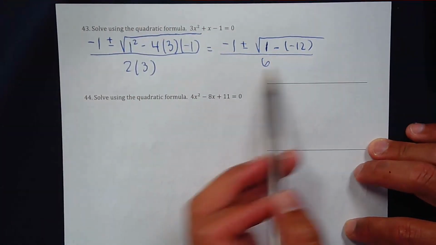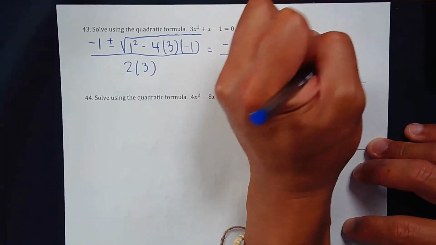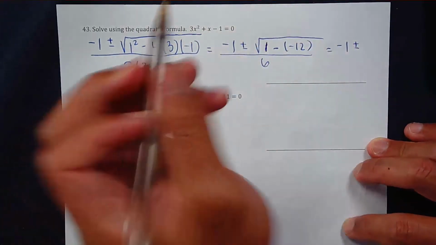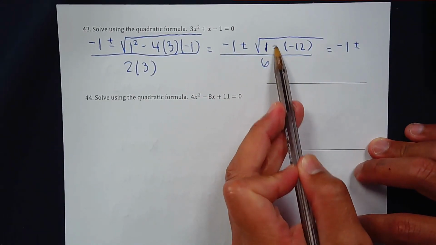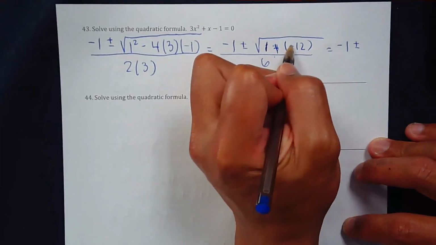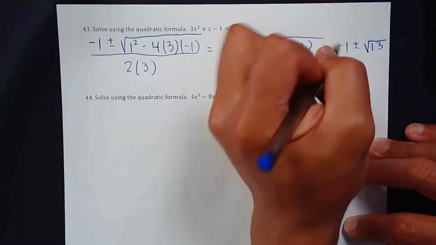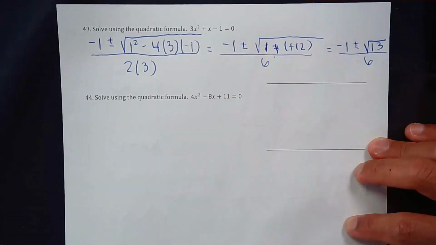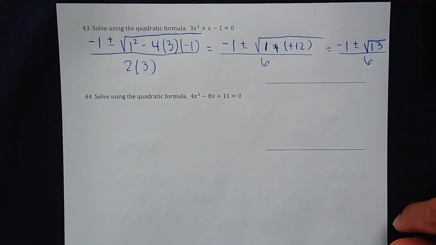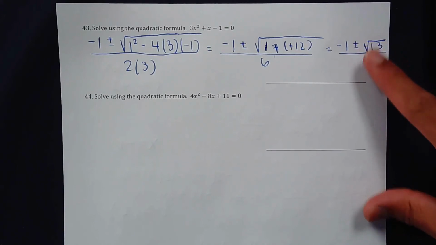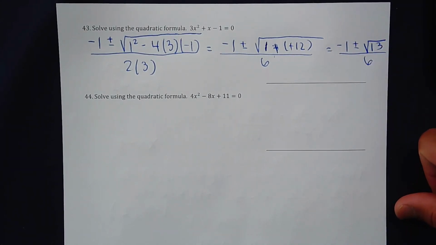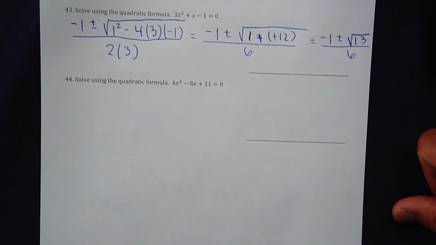All right, so simplifying that radical, that's going to be -1 plus or minus, right? This turns to a positive, right? Plus 12. Square root of 13 divided by 6. So that would actually be our final answer because we can't simplify anything else. Can't simplify the 13. 13 is a prime. And yeah, that is our final answer.